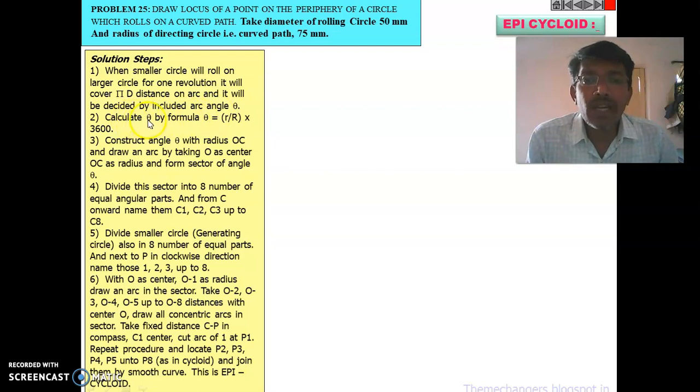To calculate theta by a formula, theta is equal to 2 pi r by 2 pi capital R, that is, the circumference of the rolling circle divided by the circumference of the directing circle. 2 pi gets cancelled, so we get small r by capital R into 360 degrees. Here it is mentioned as 0, but this is 360 degrees.